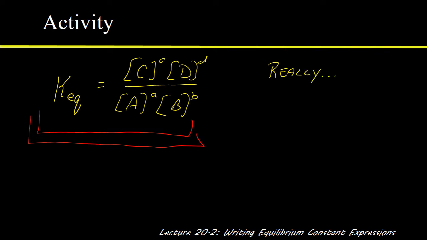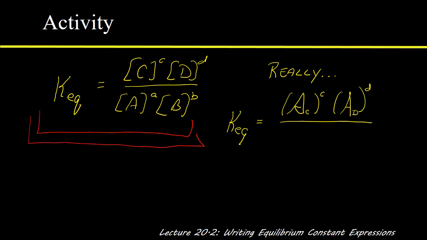Okay. However, the true definition is actually slightly different than that. The true definition is this same ratio, but it's the activity of the products divided by the activity of the reactants.